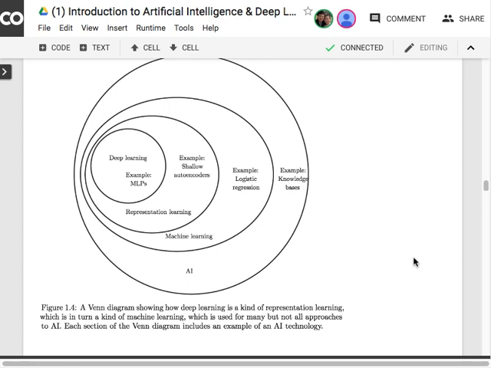Representation learning has a lot of methods, and one of them is the shallow autoencoder. After that, representation learning was still not good enough, so we wanted to supply it with raw information to make it work.